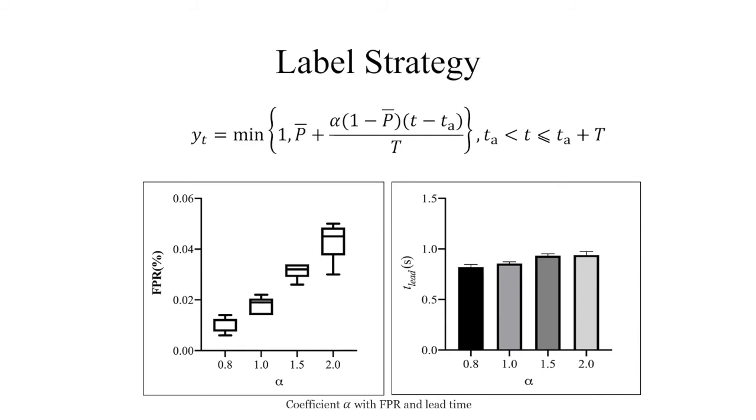Alternatively, when alpha is decreased, the output of the predictor after the training will respond slowly to the applied force. The error of predictor in the balanced state will decrease to yield a lower FPR, and the lead time of the predictor for fallen state will become shorter. By tuning this coefficient alpha, we can balance the FPR and the lead time based on actual need of our users.